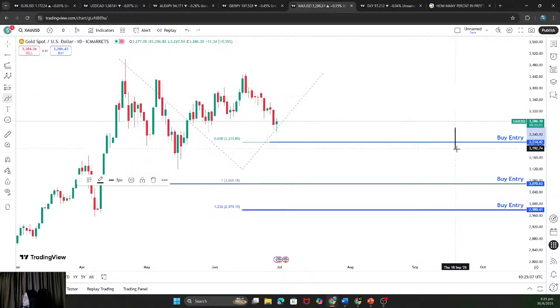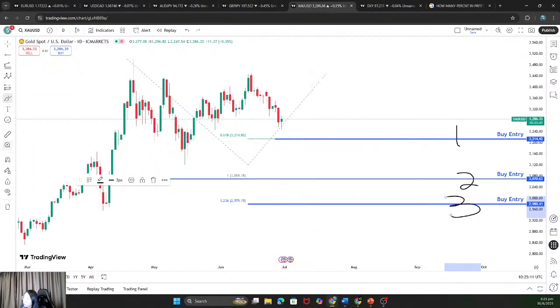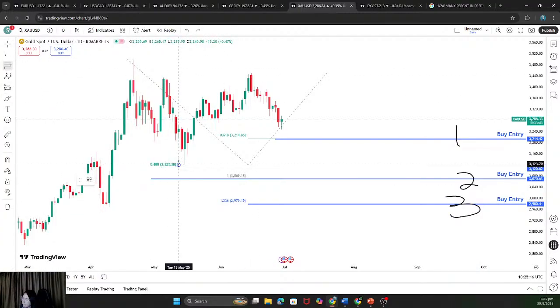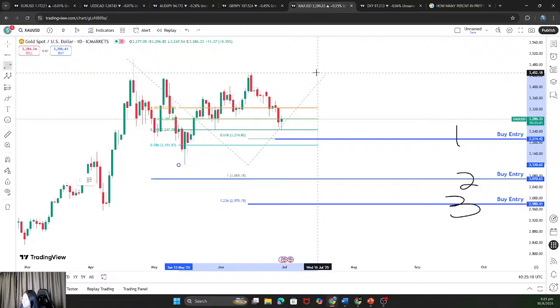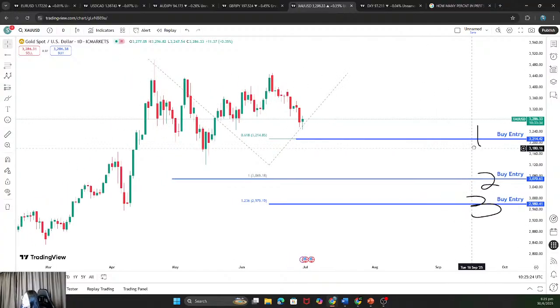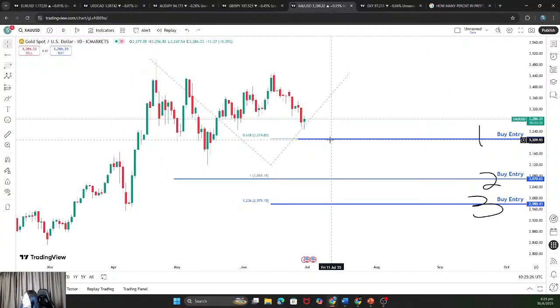So 1, 2, and 3. Give me a sec. Okay, you know what? 1 looks very possible. 1 is looking very possible right now.